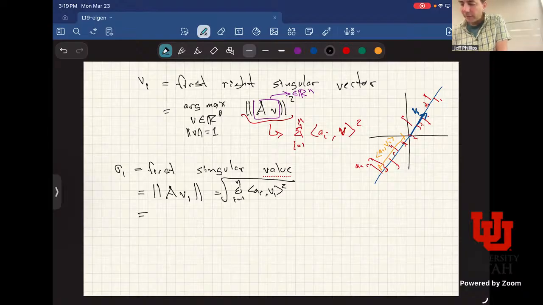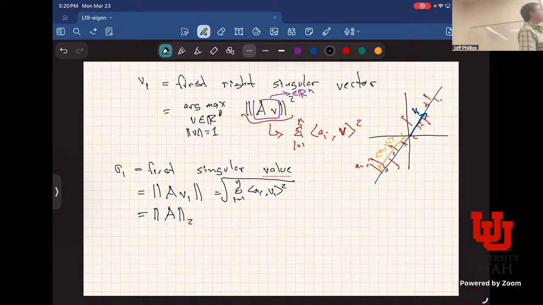Another way of thinking about this is that it's equivalent to the spectral norm of A, the 2 norm of A. This is one we defined in the linear algebra review, and it had a really weird, hard to imagine definition. Hopefully this definition will now make more sense.